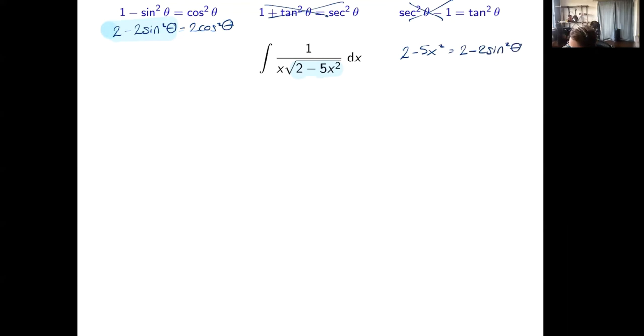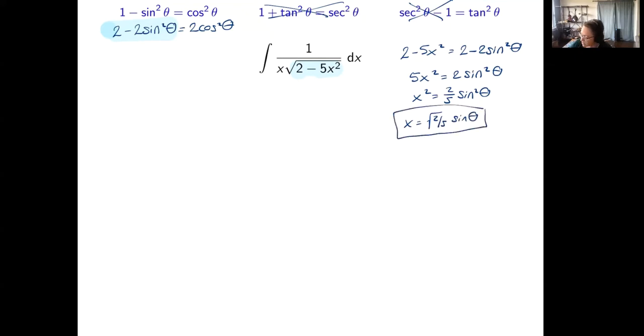This tells me 5x squared should be 2 sine squared theta. So x squared should be 2/5 sine squared theta. So I can let x be the square root of 2/5 times sine theta. Again, if you were really feeling like it, you could try and make this work with negative, but why?